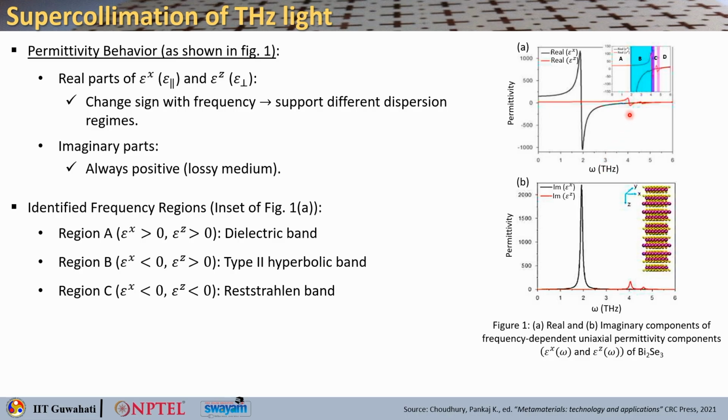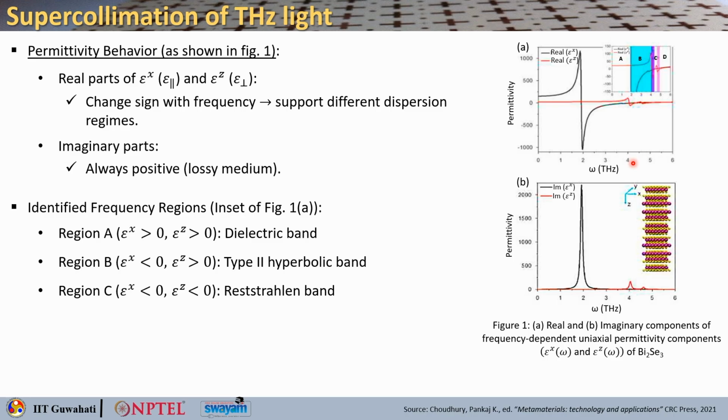This occurs due to the interaction between electromagnetic radiation and optical phonons, which are nothing but the lattice vibrations within the material's crystal structure. The Reststrahlen, the residual rays band, is a spectral region where materials become highly reflective for electromagnetic waves, and that comes from the phonon polariton resonance.